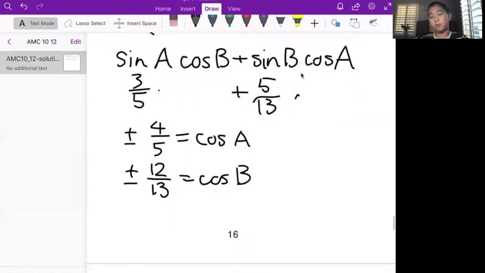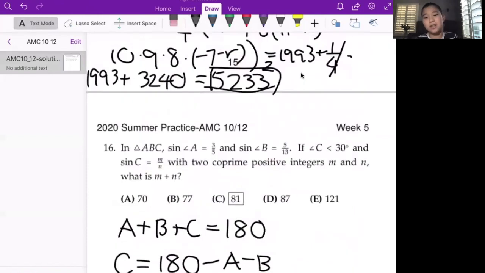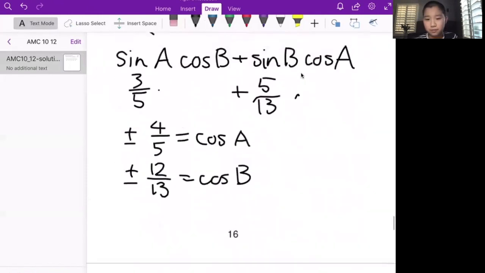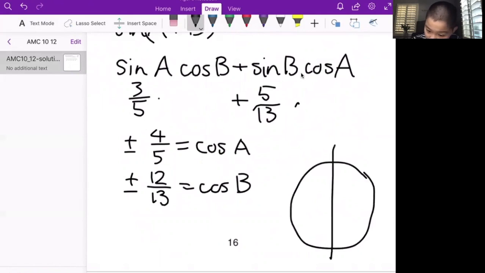So now, which one is it? So we're given that C is less than 30 degrees. So let's look at the unit circle again. What can A be? So we know sine A is 3/5, so A must either be this point or this point, which both have altitudes 3/5.